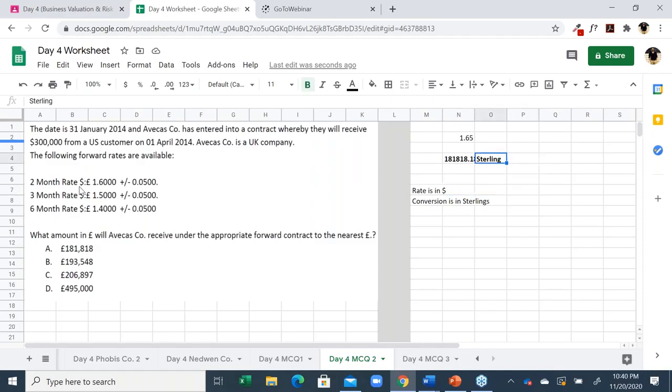Now, when we divide, there are 2 options. Either we divide by 1.65 or by 1.6 minus 0.05, that is 1.55.